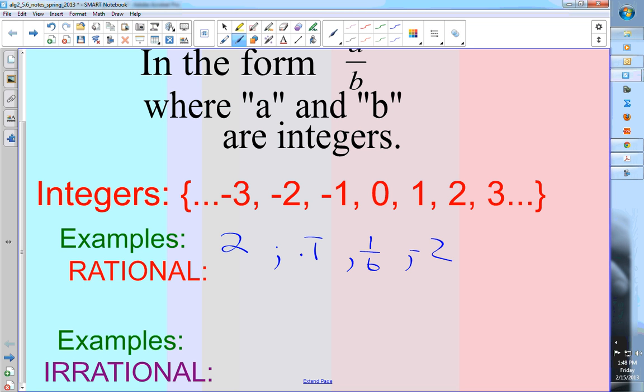How about the square root of 4? It's under a radical, it's not simplified. It's kind of like 1 squared. But square root of 4, that would be okay.